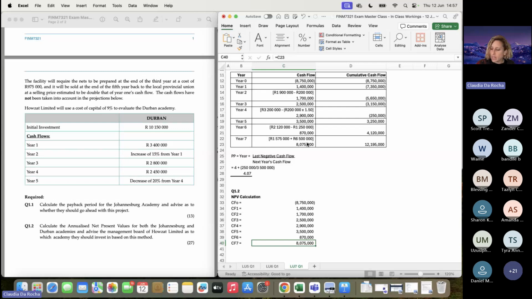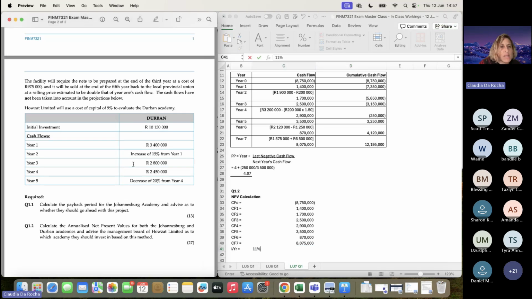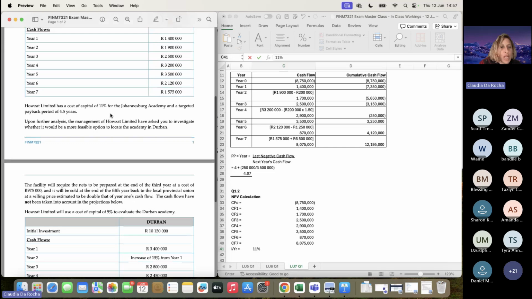Good. Okay. Then we need to include our interest, which they told us was the 11%. So in the question they had told us that our cost of capital is 11%.